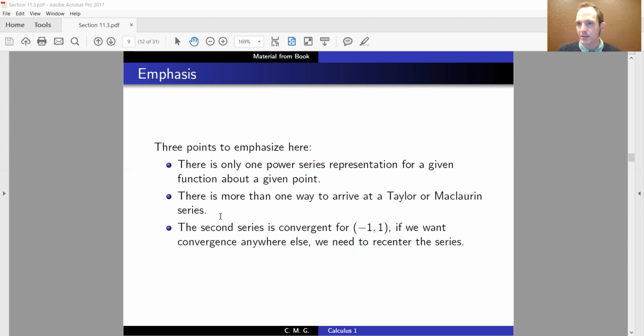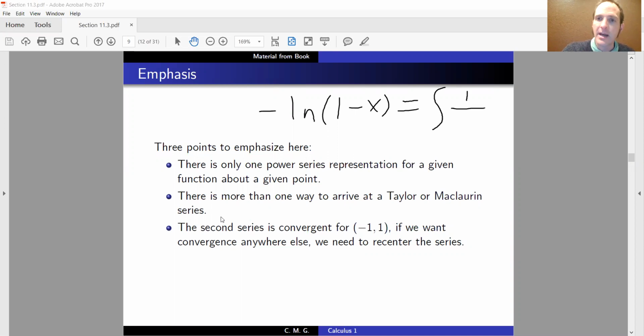We could also look at these things and maybe integrate or differentiate. So for example, something like the natural log of 1 minus x, and maybe I'll do negative natural log of 1 minus x. To get the power series expansion of this, I could just integrate the power series expansion of 1 over 1 minus x, because the natural log is the integral of that thing. And I could say, oh, we'll just let the constant c be 0 there.